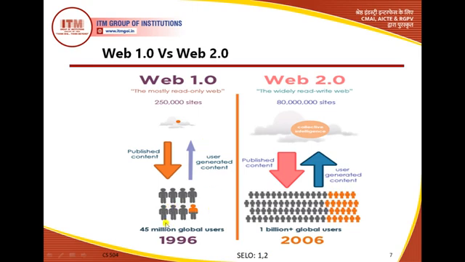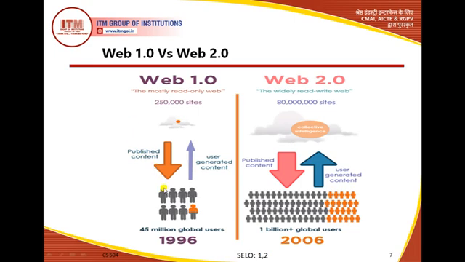And here this was the public: 45 million global users were there in 1996. This was the scenario with Web 1.0, that the web was only read-only, with no writing approach. This is a major difference point we can take while comparing with Web 2.0.